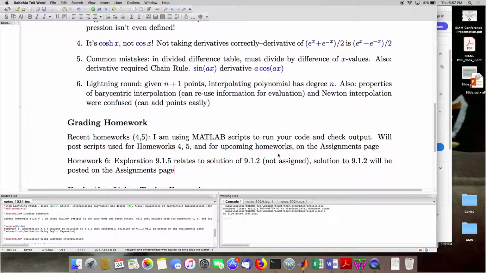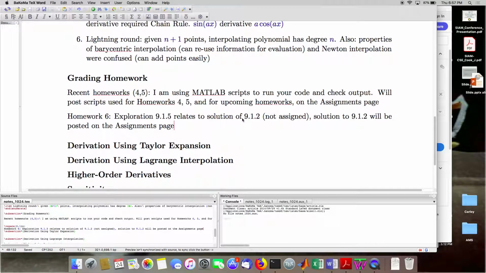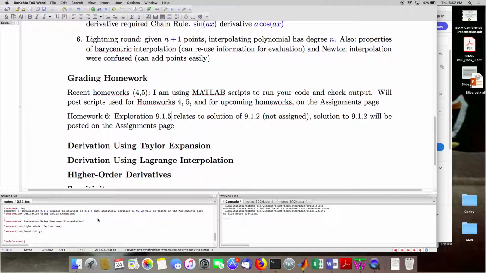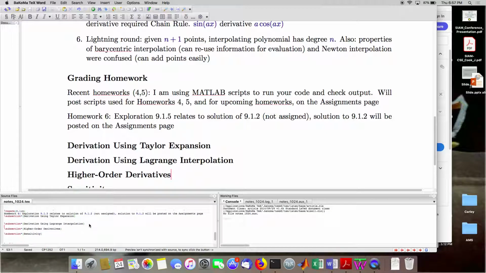So just so you know, when you get to this problem, what's going on with that. For homework 5, a handful of people have turned it in. Hopefully more will soon, so I can get those back to you.